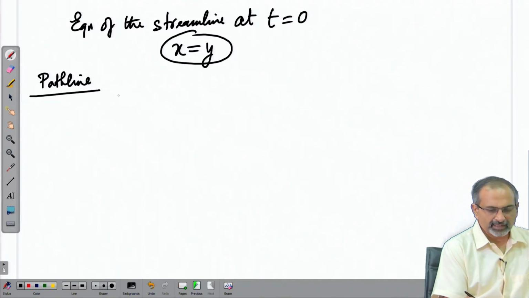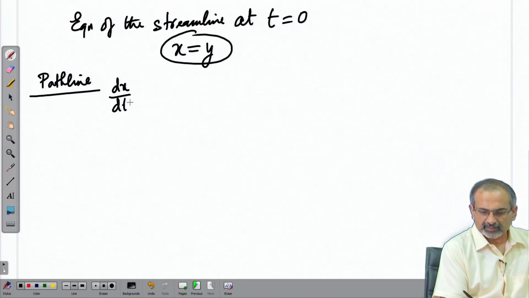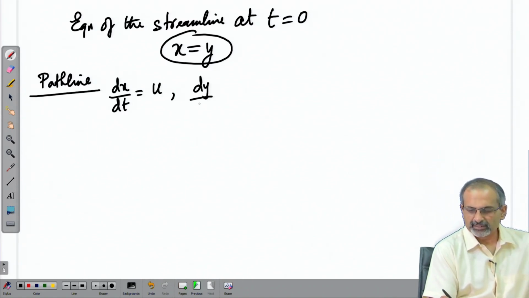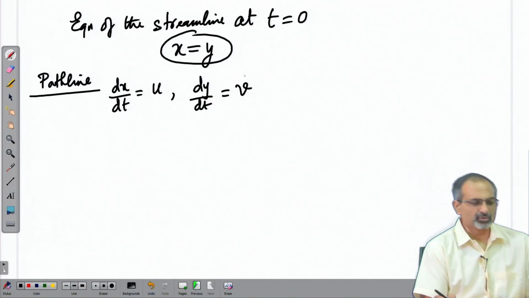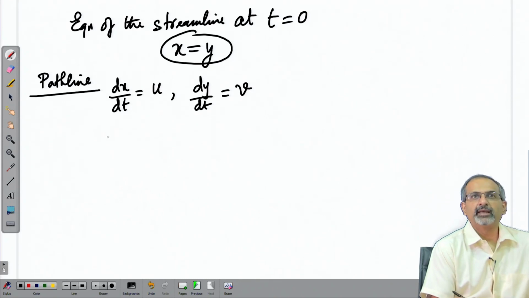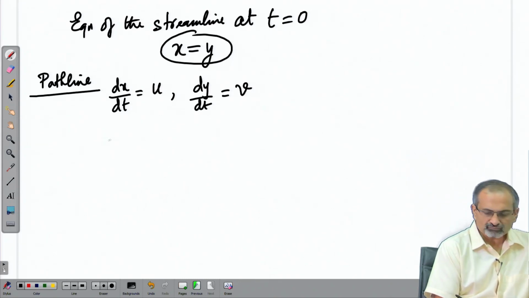For the path line, we remember that the conditions are that dx/dt is equal to u, dy/dt is equal to v, and for us dz/dt or w do not matter, because it is in the xy plane only. So, how do we take it forward from this point?